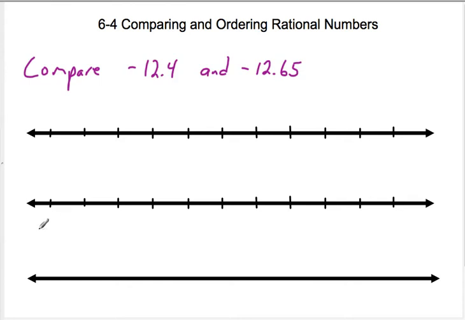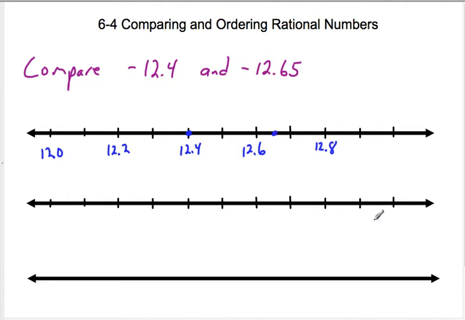So if we were to make this 12 and this 12, well, 12.0 and 12.2 and 12.4 and so on, and 12.6, 12.8. So if this is positive, then 12.4 would be right here, and 12.65 would be right about here.